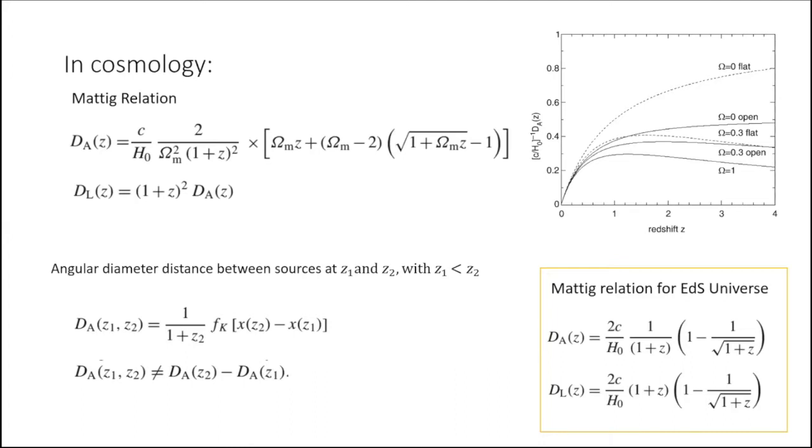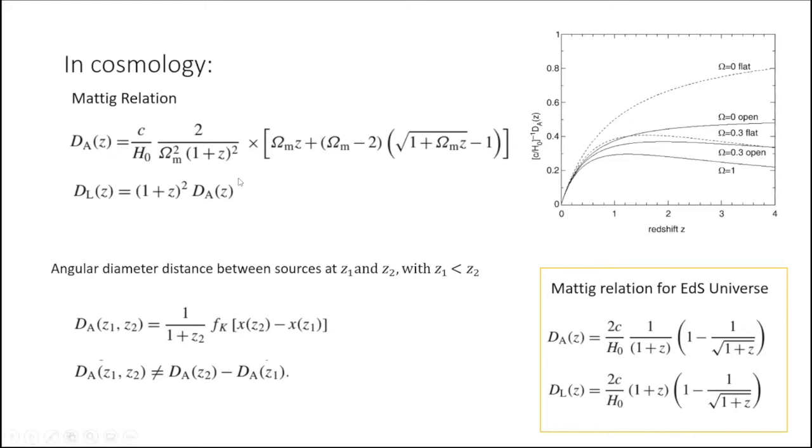So using all those simplifications of our model, we could arrive at some formulae, which tell you the average distance to a source at a particular z.